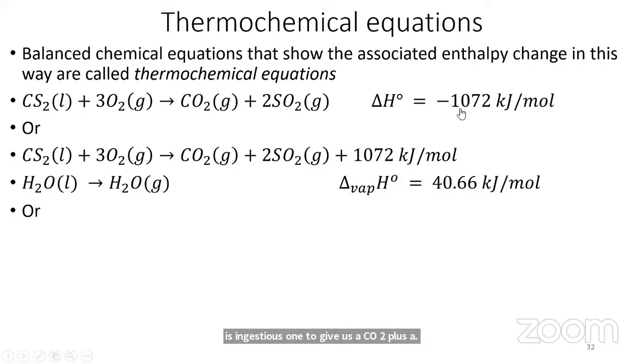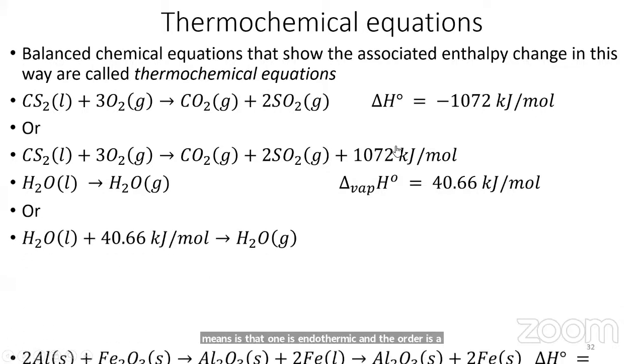Our delta H here is minus 1072 kilojoule per mole. Or you can also have a situation where you have your cesium plus your oxygen to give you your CO2 and your SO2, which is now giving us a positive value. So what it means is that one is endothermic and the other is exothermic.